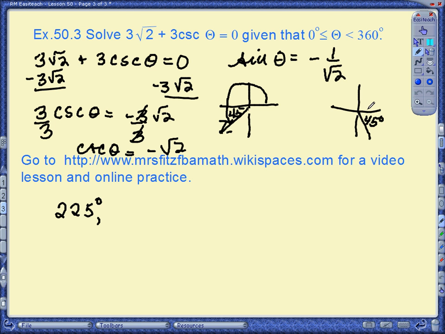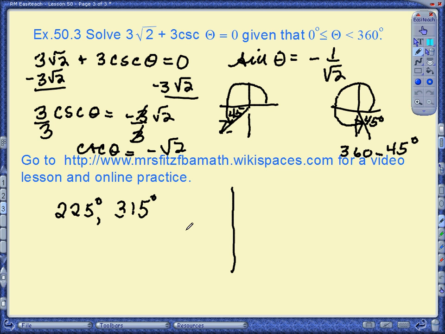Now in the fourth quadrant, we've gone 360 almost, but not quite. So in this quadrant, we do 360 minus 45 degrees to get our actual rotation, and that would be 315 degrees. It's always helpful to remember those things, okay?